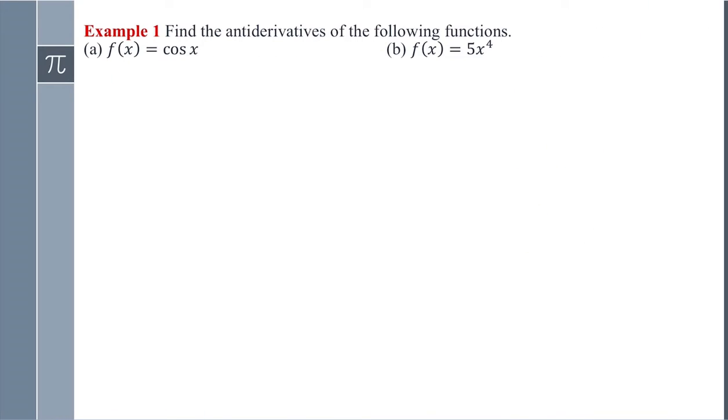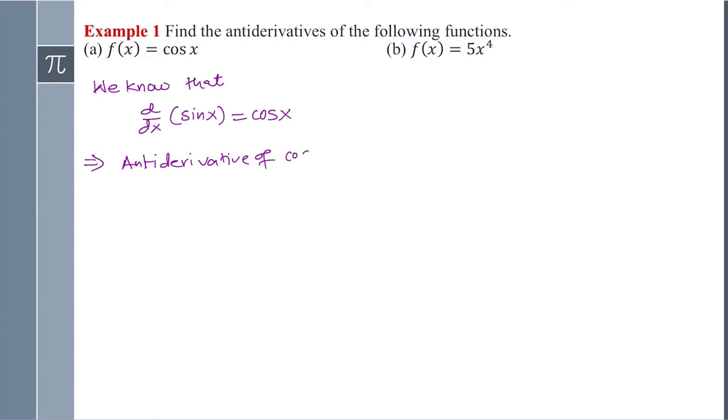Now let's use the concept of derivative here to find the antiderivative of these functions, okay? So let's look at the first example here. We know that the derivative of sine x is cosine x, which implies the antiderivative of cosine x is sine x.